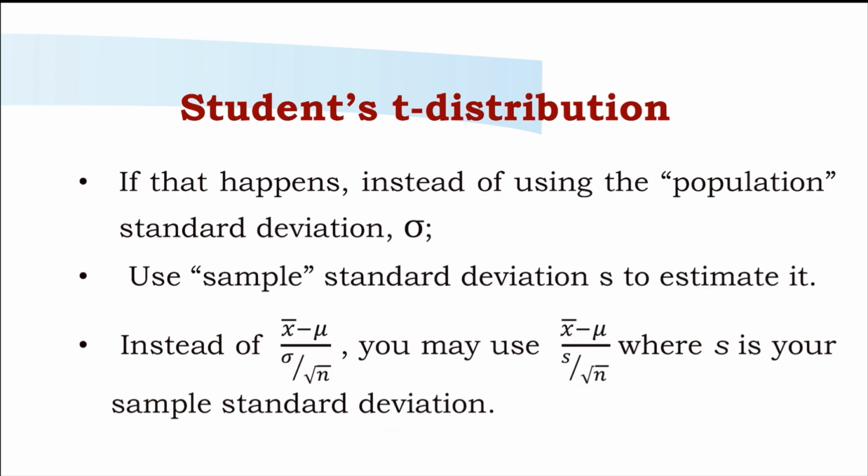If that happens, instead of using the population standard deviation, use the sample standard deviation to estimate it. Instead of x bar minus mu over sigma divided by the square root of n, you may use x bar minus mu over s divided by the square root of n, where s is your sample standard deviation.